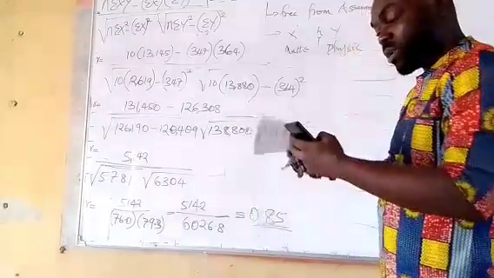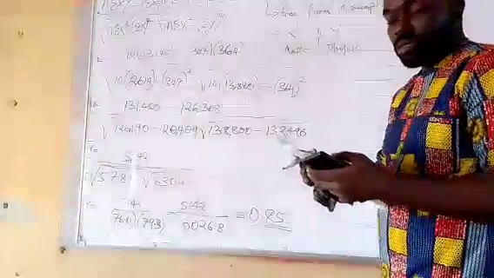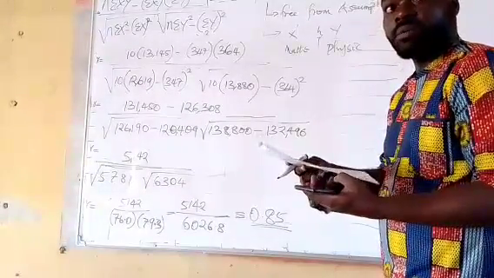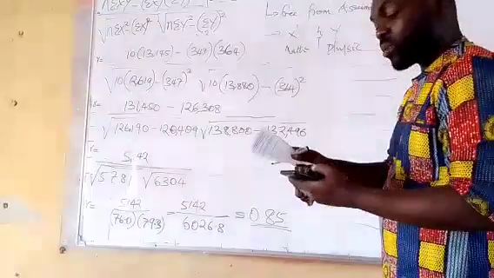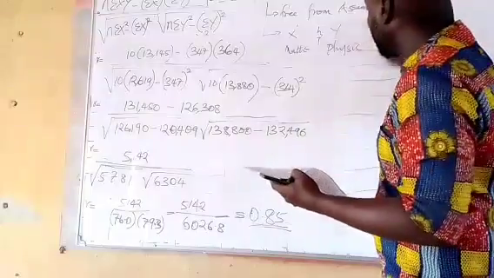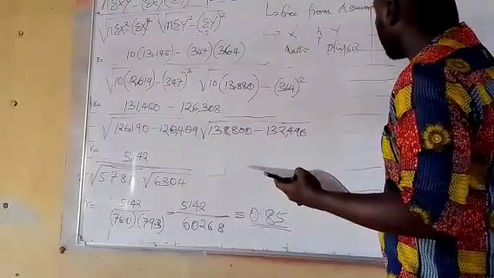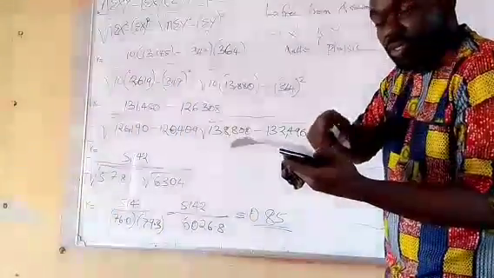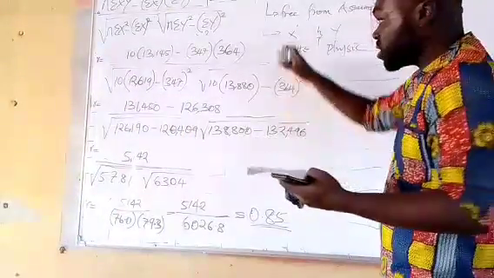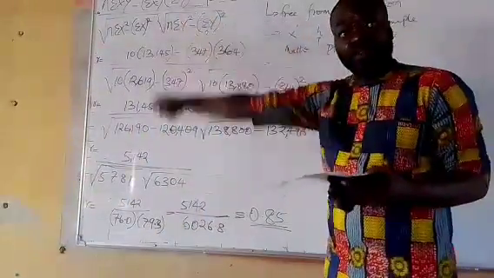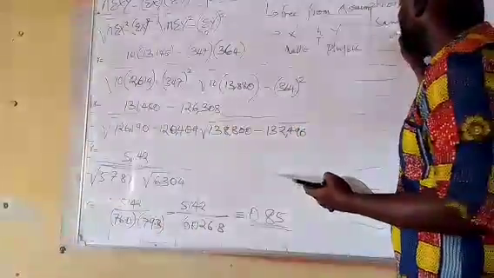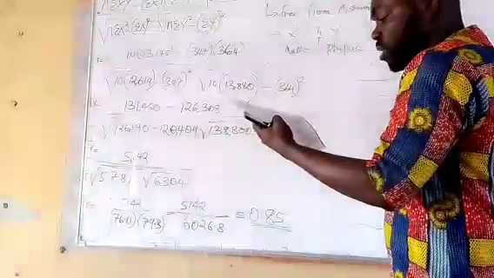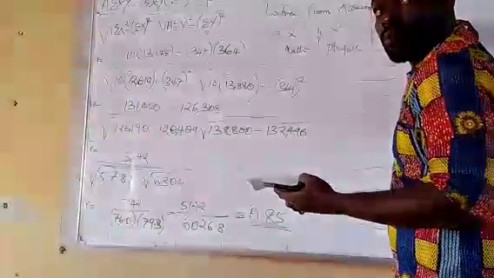This is the next question now, question 1C. X is maths, Y is physics, and they gave us a sample size. What is the sample size? It is 9. And then the calculated R now is what?